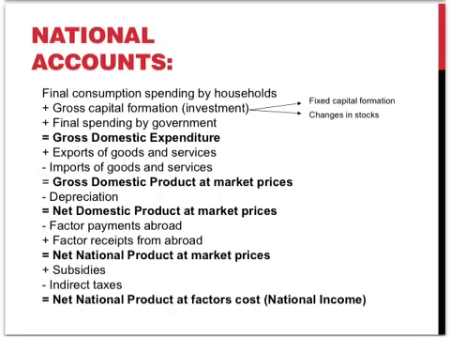Finally, you can add the subsidies paid by the government and minus the indirect taxes paid by the consumers, and this gives the net national product at factor cost. At factor cost means that you're now looking at the value of national product at the payments made to the factors of production. In other words, incomes, and this gives the national income.